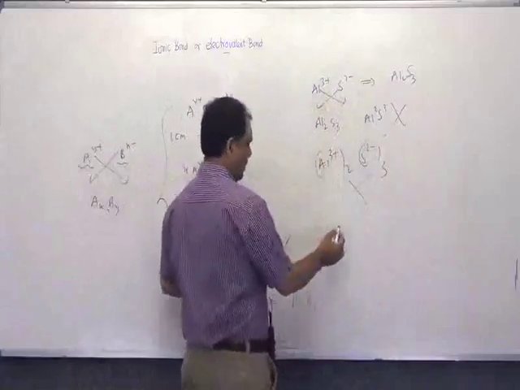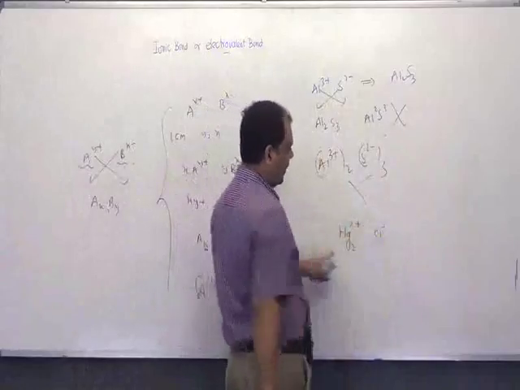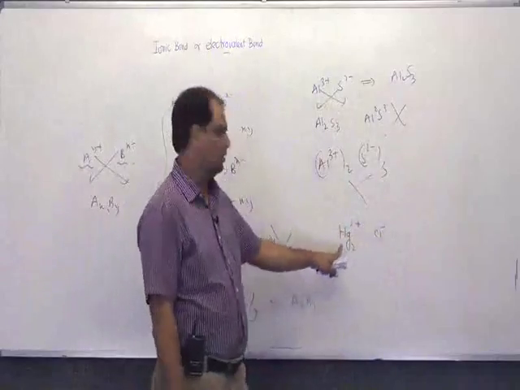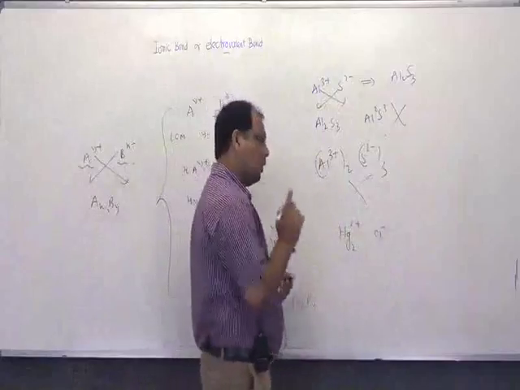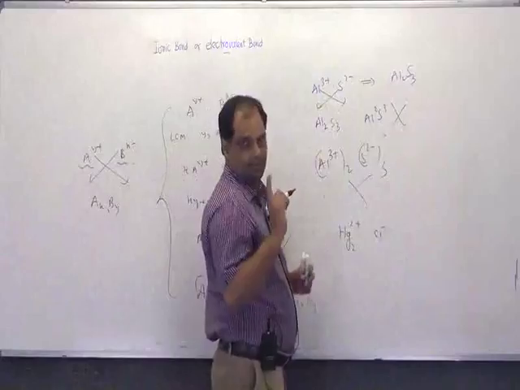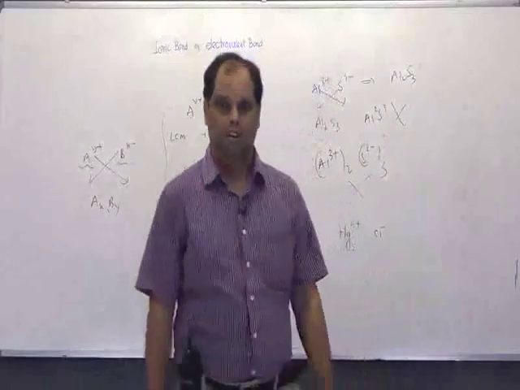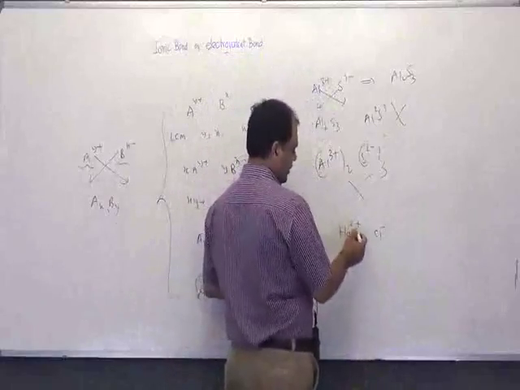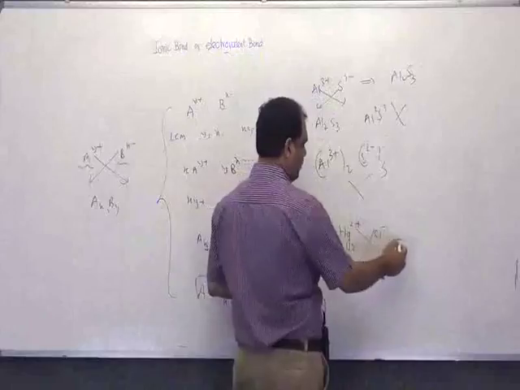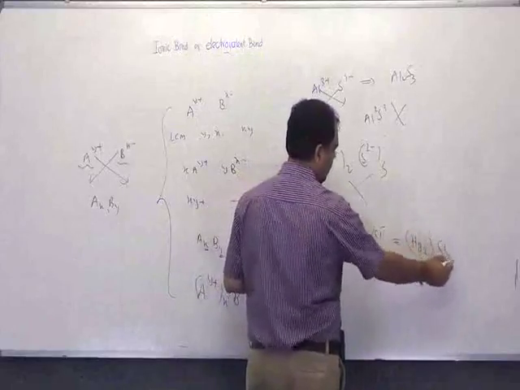Now, one nice example: Hg2^2+ and Cl-. This ion is referred to as the mercurous ion, and this is the chloride ion. How should we write the formula of the compound? We don't have to play with the formula of the ions. We are only allowed to adjust their numbers, and that too in the simplest integral ratio. So what is the formula? Hg2Cl2, where Hg2 is one whole cation.